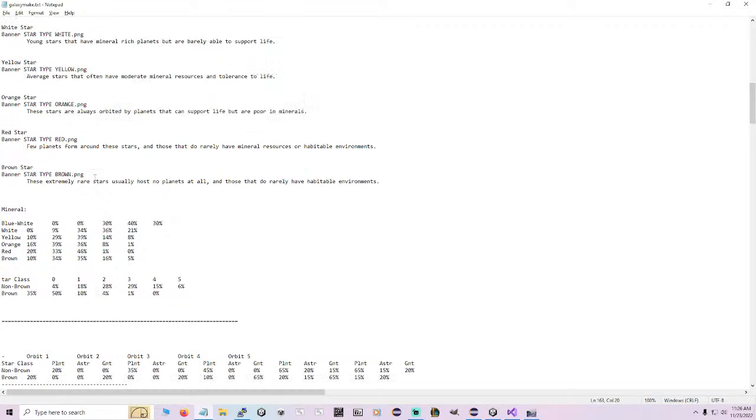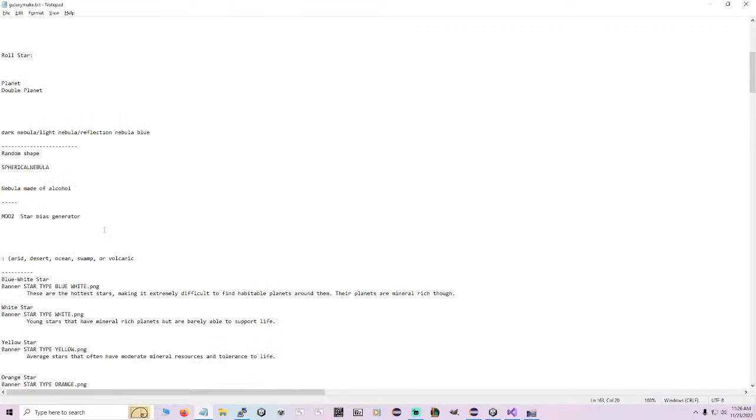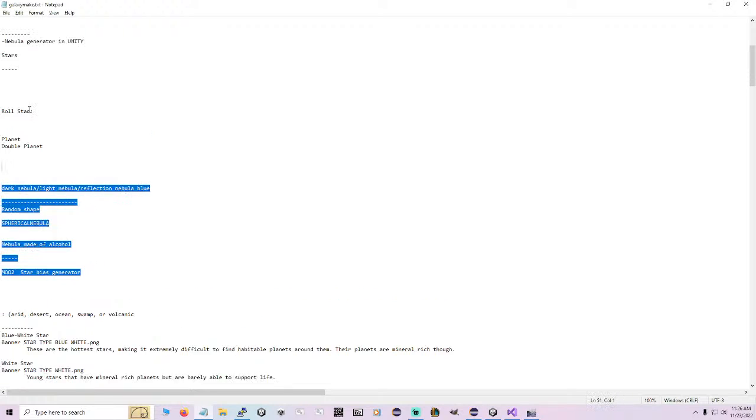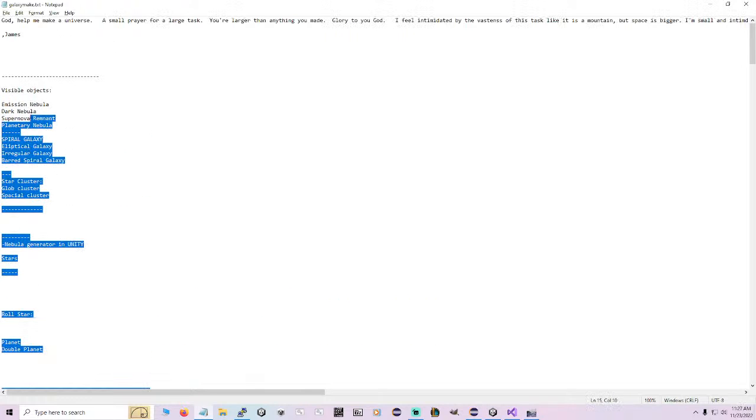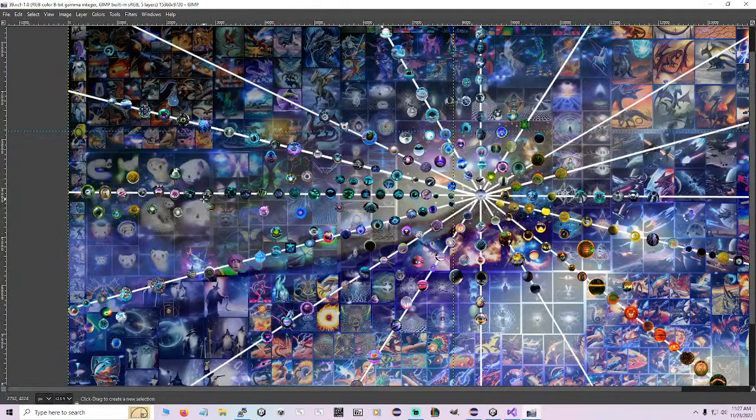It keeps the ratio generally normal, and that's all the science I need. And then I have to figure out how to make a nebula in space. Oof. All right. That'll be it.